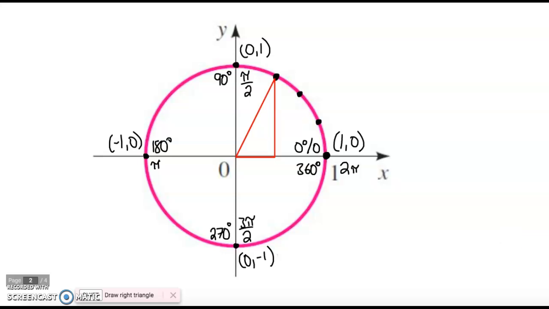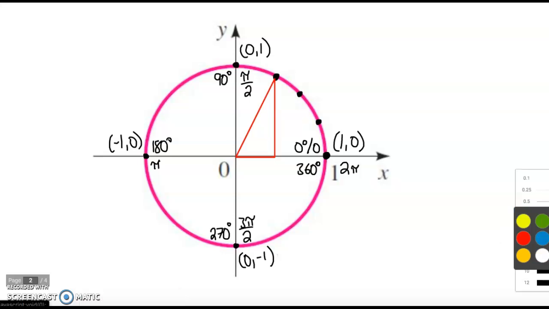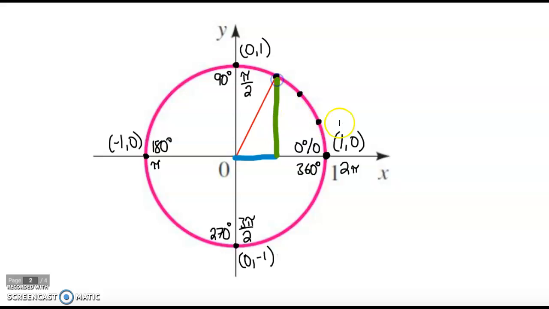It's beautiful. It's lovely. And I'm going to label my sides in a different color. So this one will be blue, and this one will be green. A couple of things to note first and foremost. This side length here is your hypotenuse.